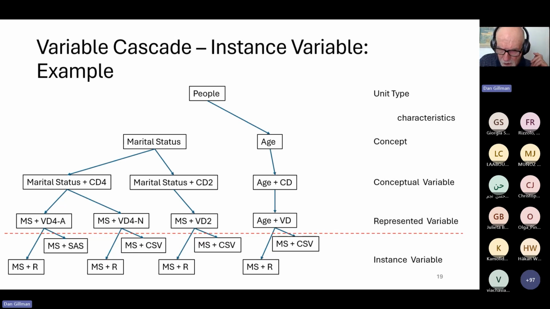So we could represent it in SAS, in R, in a CSV, say for Excel, or just a comma separated file, and so forth. So what we see here is the increasing detail in the way that we talk about the description of a variable.